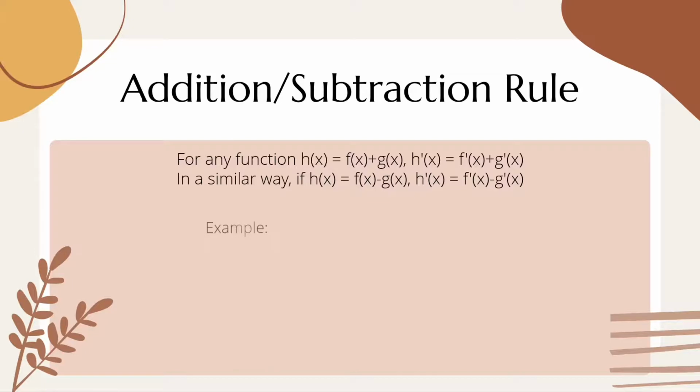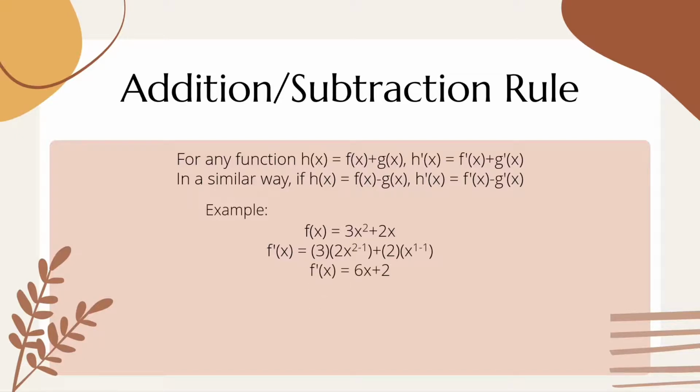Let's have an example. f of x equals 3x squared plus 2x. To get its derivative, we simply derive the two terms, then retain the operator between them. We simplify, then we'll get 6x plus 2. Another example would be f of x equals x cubed minus 7x squared.